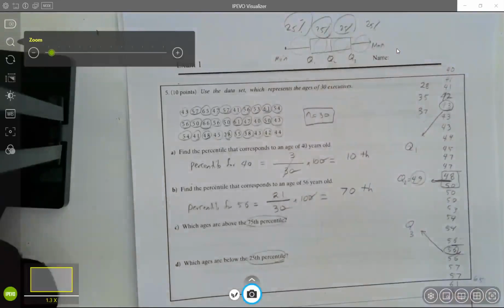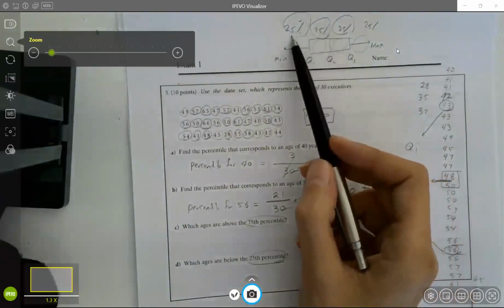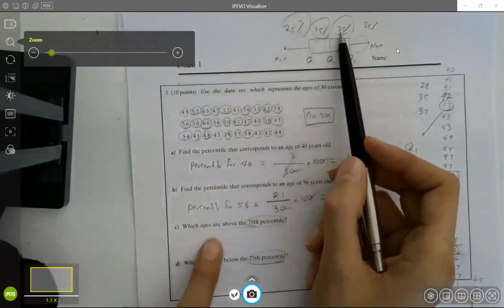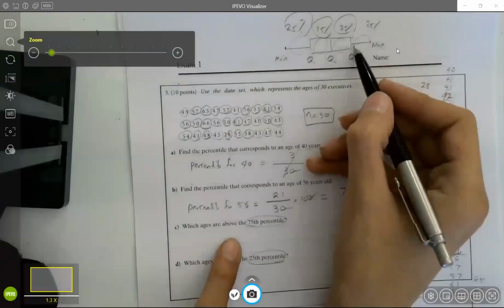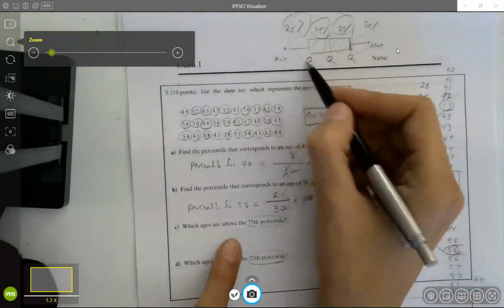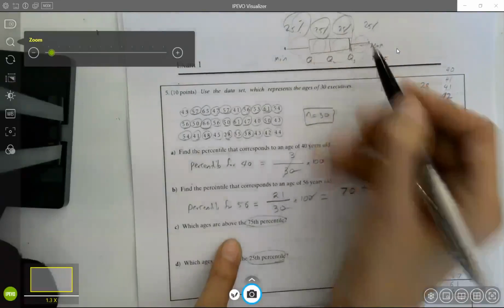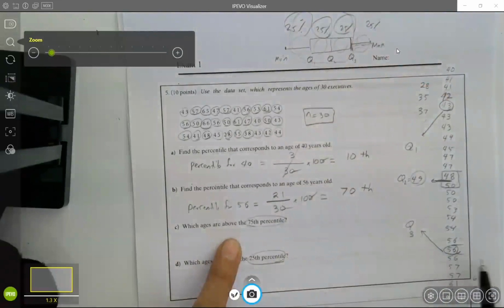Very well. So 25th, 50th, 75th percentile. What ages are above the 75th percentile? What ages are located here? So what is your Q3? 56.